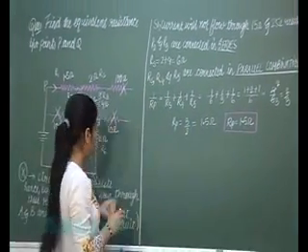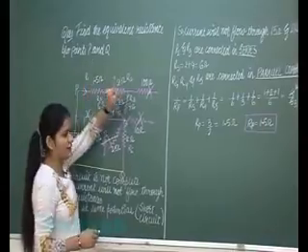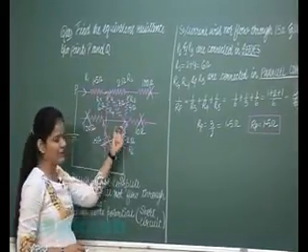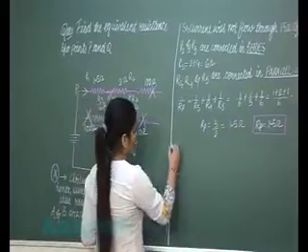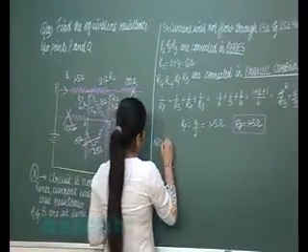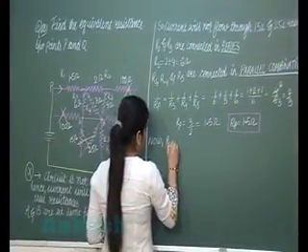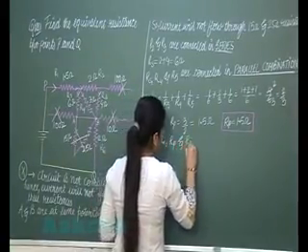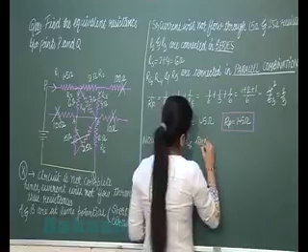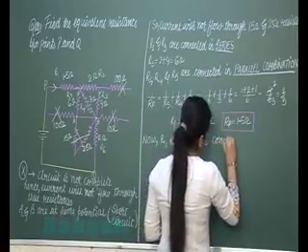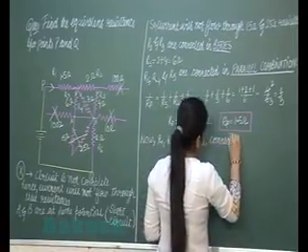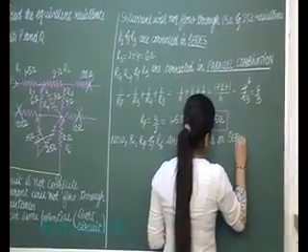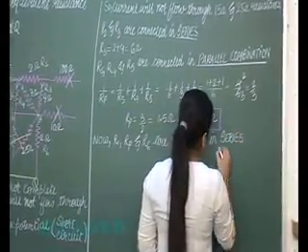Now students, see, R1, this Rp and R6 are connected in series combination.